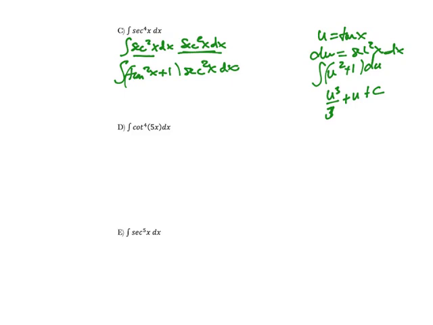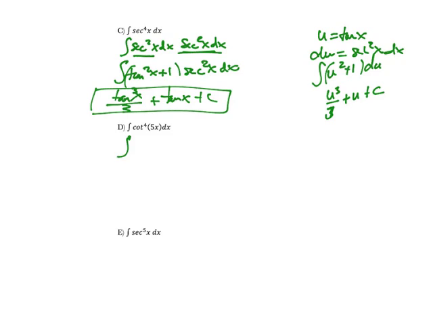So remember, u is tangent, so that would be tangent cubed x over 3 plus tangent x plus c. Okay? And the same thing could be true for cotangent. So I could rewrite that as cotangent squared 5x times cotangent squared 5x.